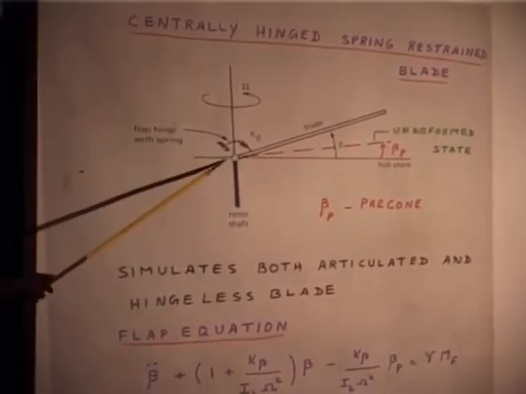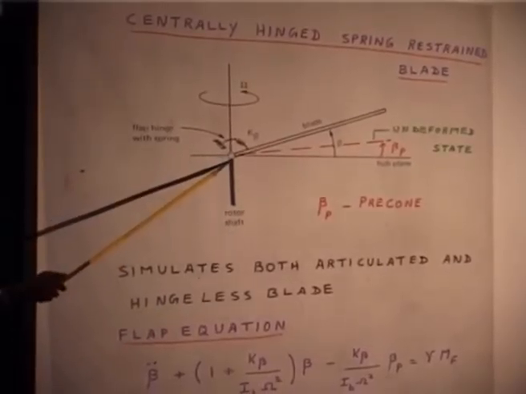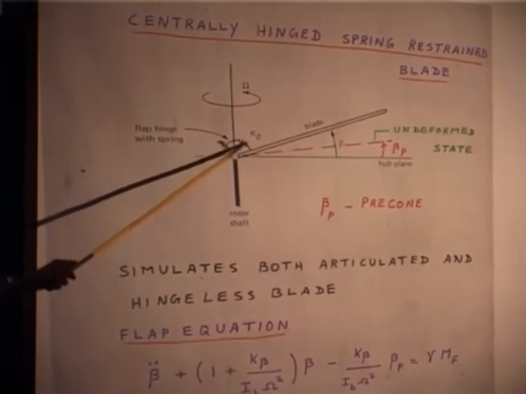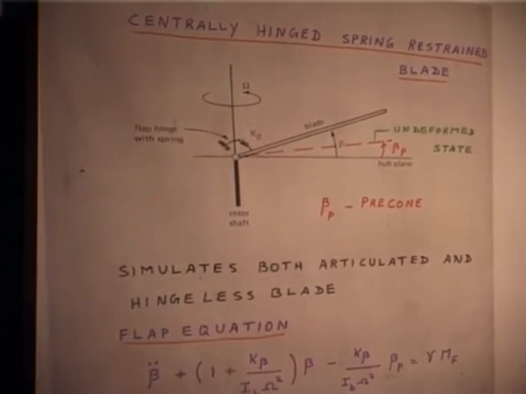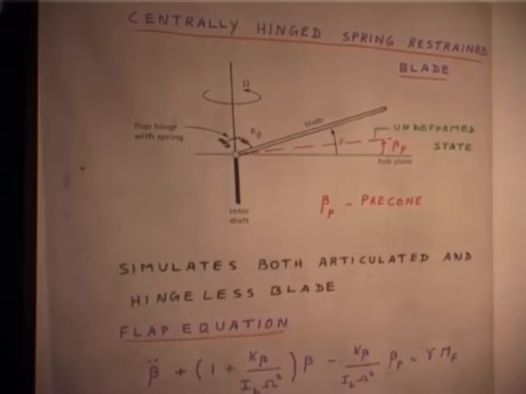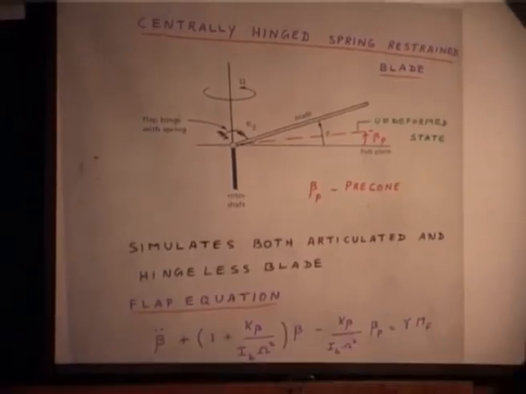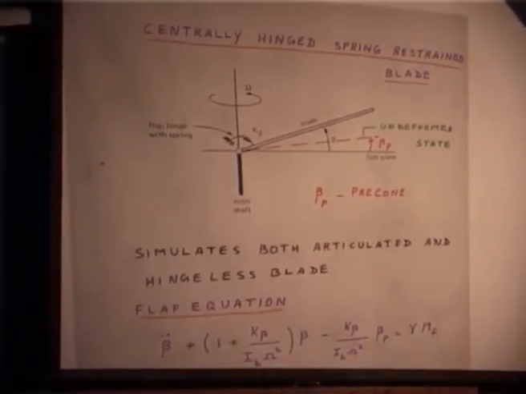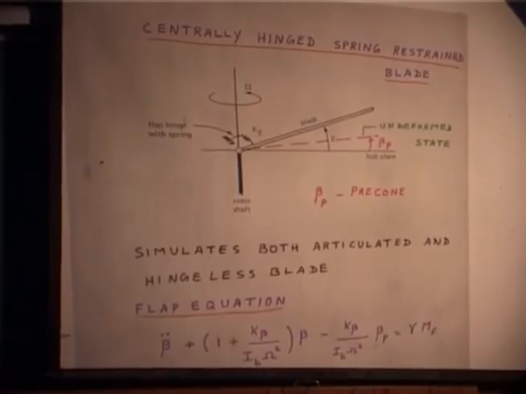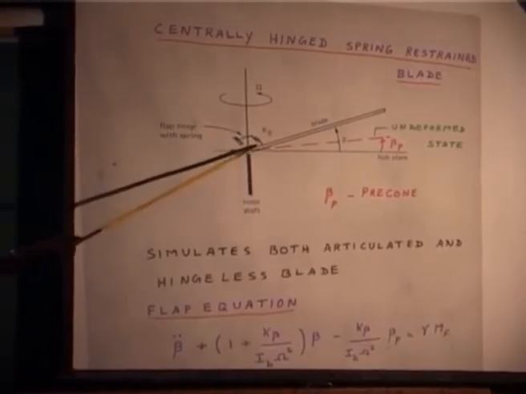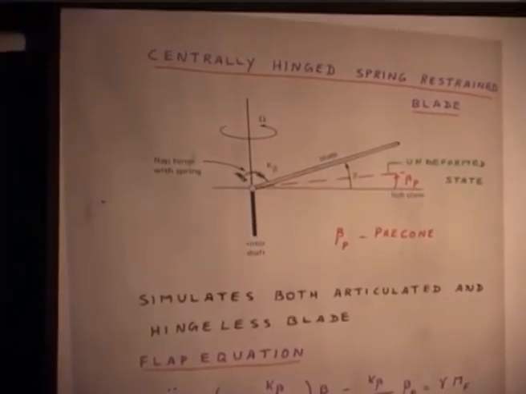Instead of a hinge, I put a root spring which is K beta, which is the flap spring, that will also give a moment. When I move it, it will give. That means, in my equation of motion, I must include this effect, the effect of the root spring.